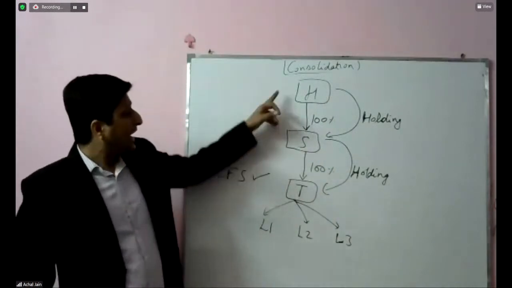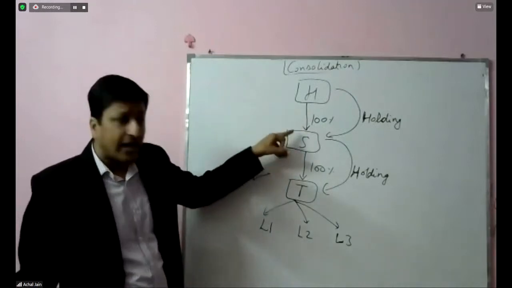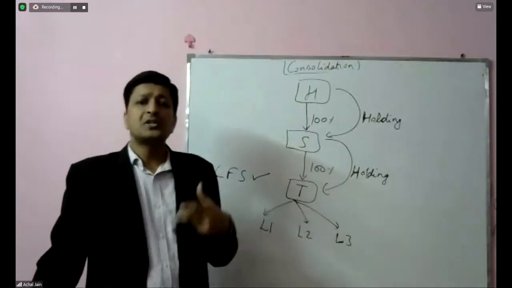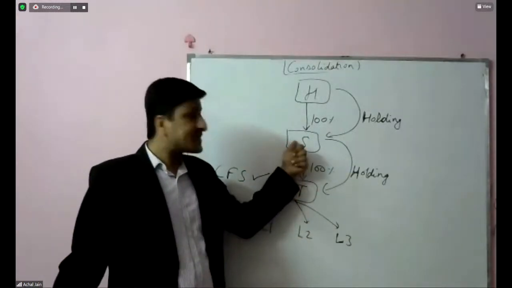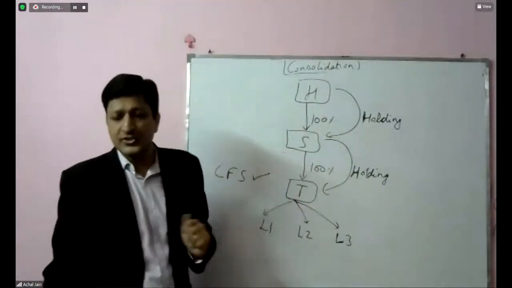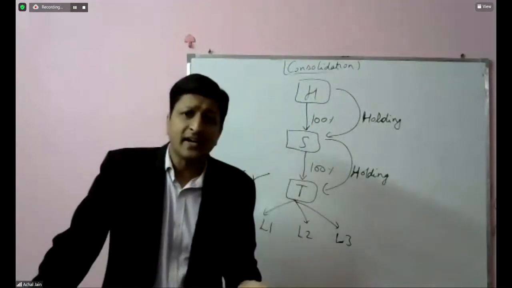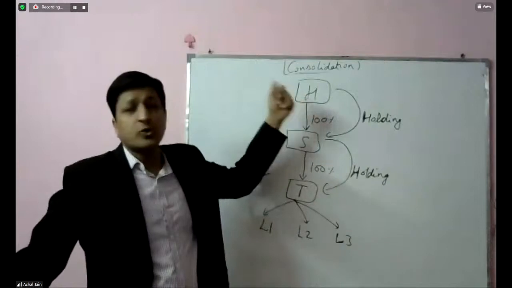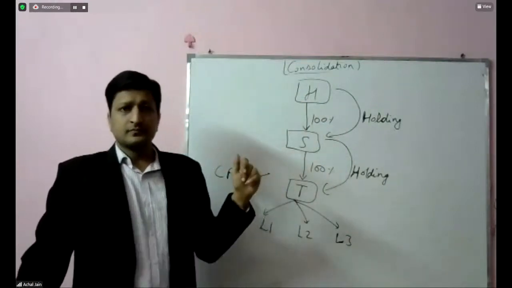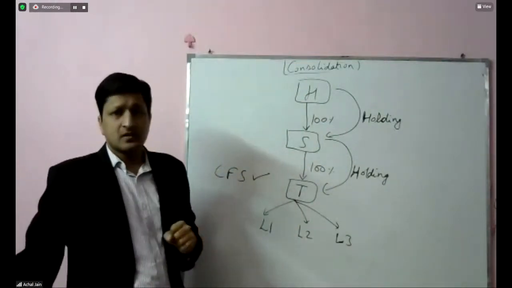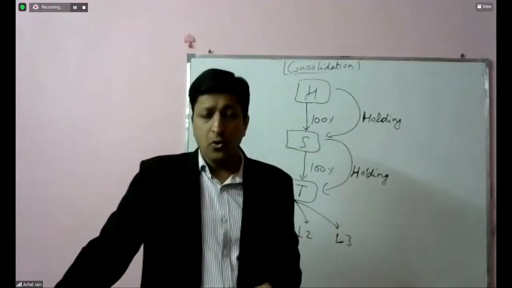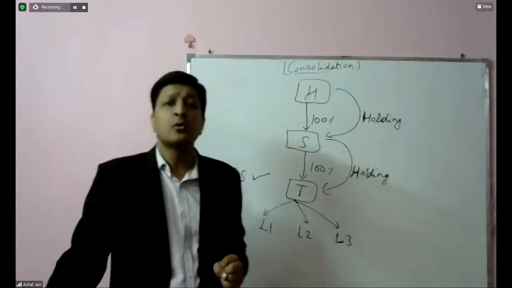Now H controls S and S controls T. Or you can say T is controlled by S and S is controlled by H. So indirectly, T is controlled by H only. So in this case, if you look at the parent company of T, who's the parent? Who's the holding?